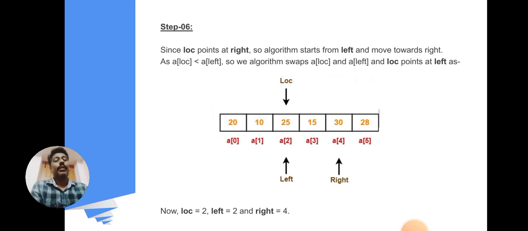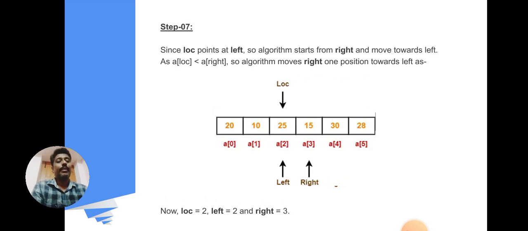Then the pointer moves to A of left location. So A of location is placed in A of left. Since location is here, that means A of 2 having 25. So A of 2 is 25, compared with A of left, which means 25. So swapping does not occur, and no changes are made here.